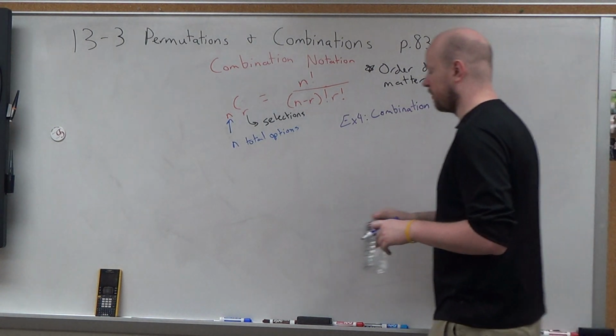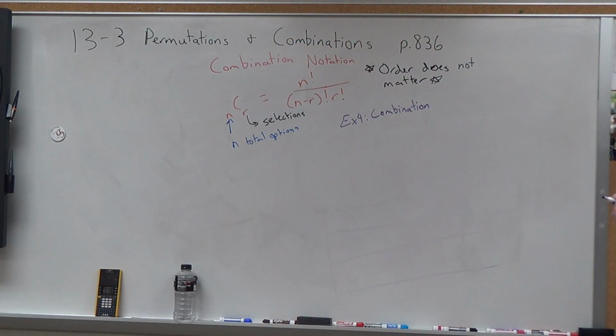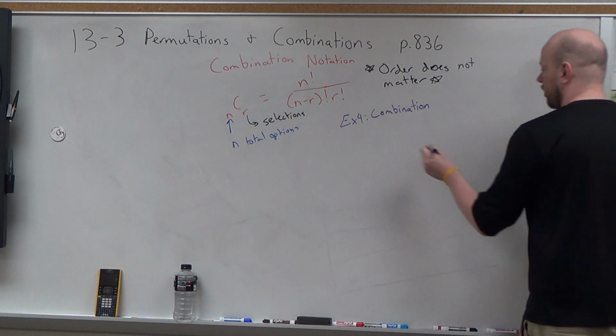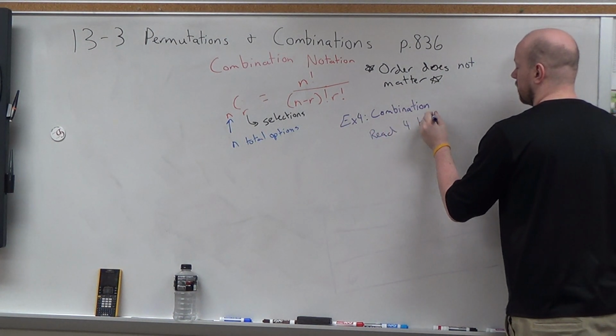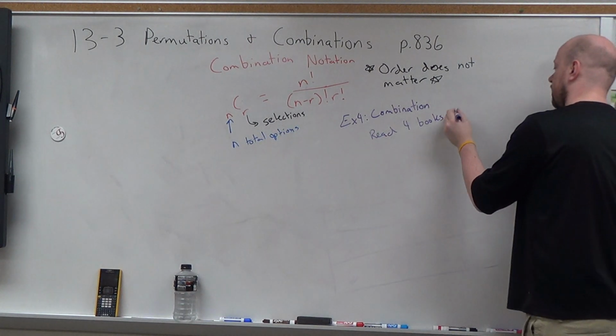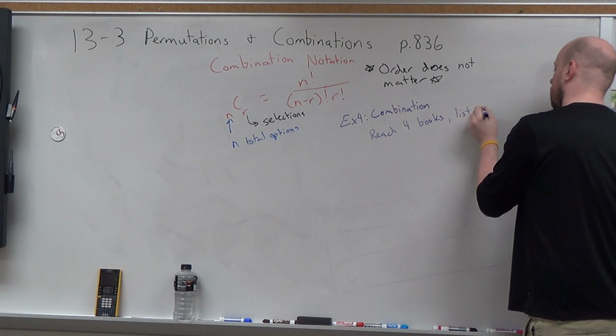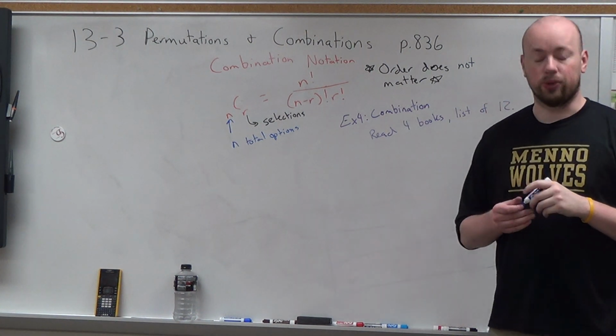Oh, I'm sorry, this one's a different problem. This one's about reading books over the summer. So, let's say you're going to read 4 books, and you have a list of 12. How many different combinations could you do?